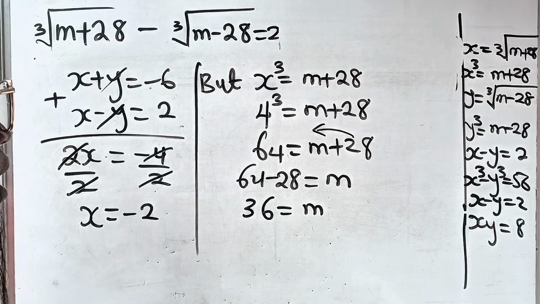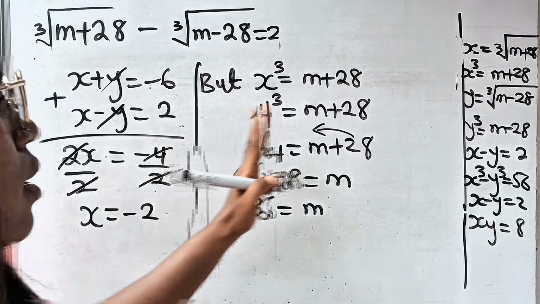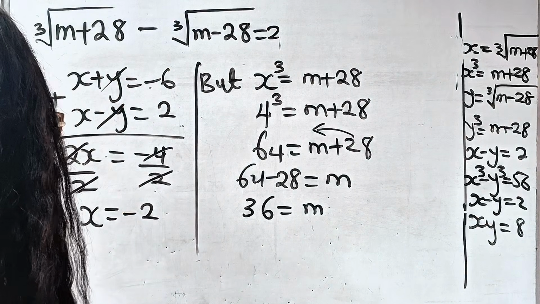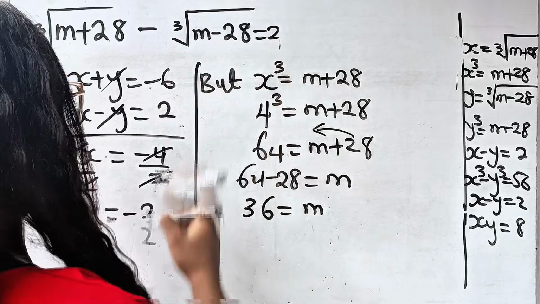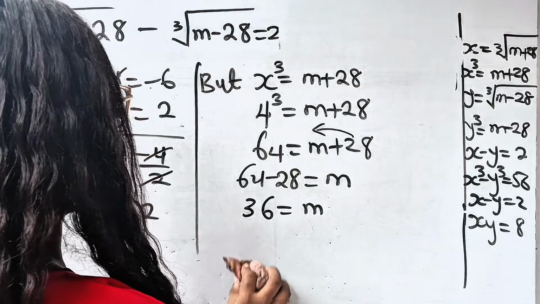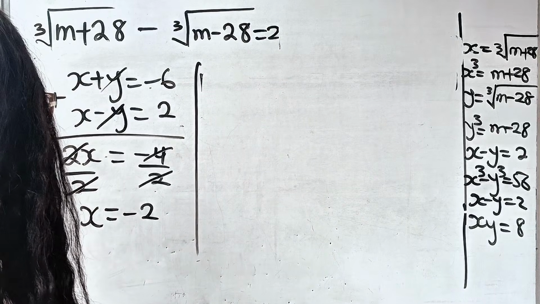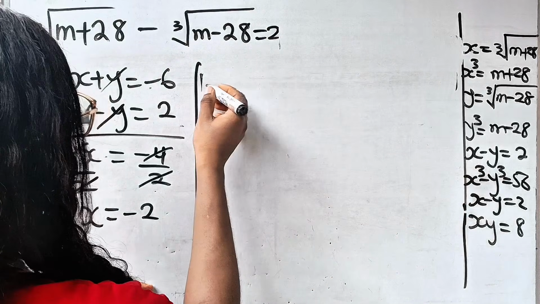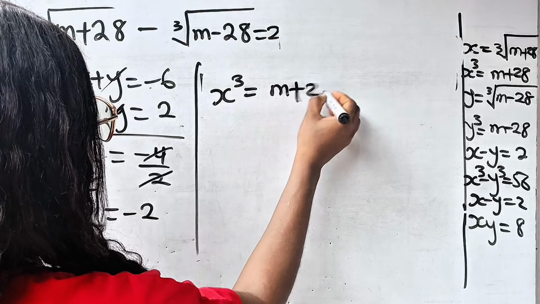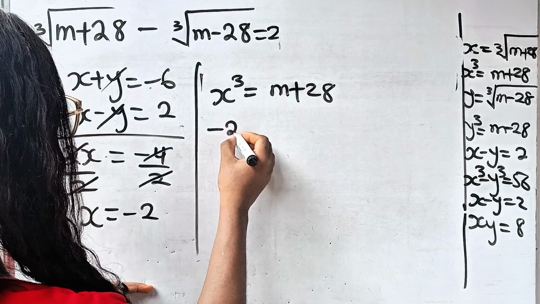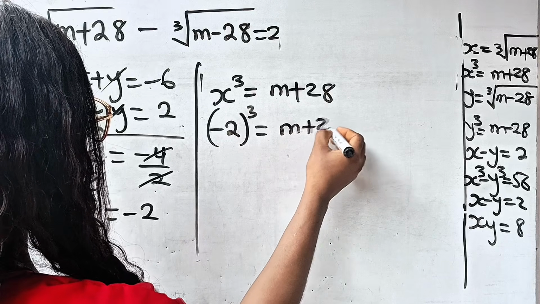Now, we can actually use this as well to solve for our m too. So we have gotten m to be 36. So we can say x to the power of 3 is equal to m plus 28. So now we have negative 2 to the power of 3 is equal to m plus 28.